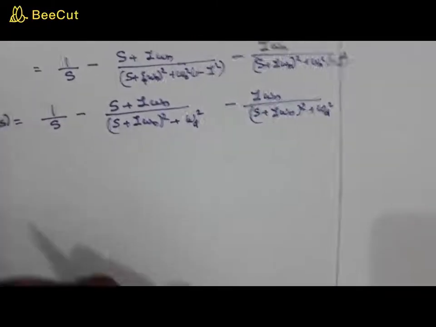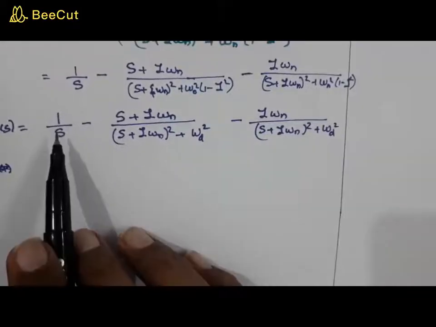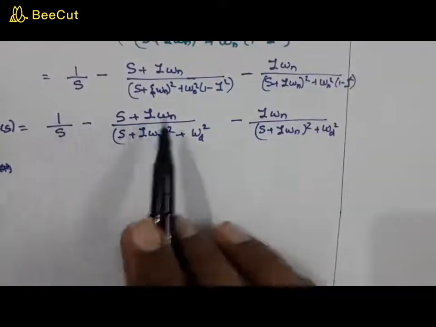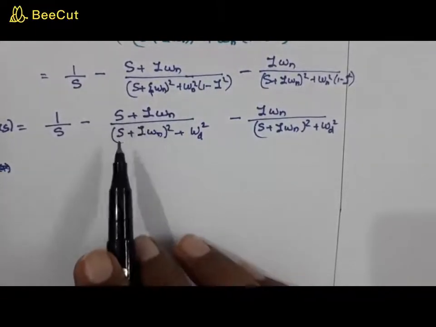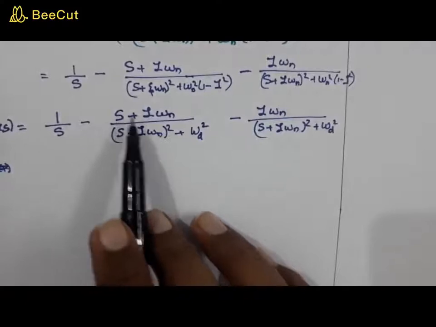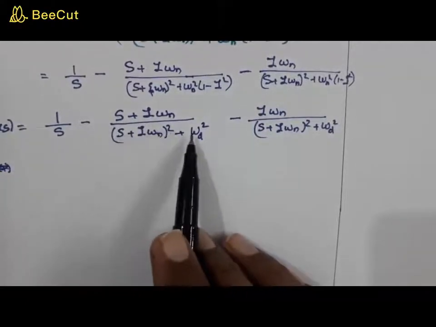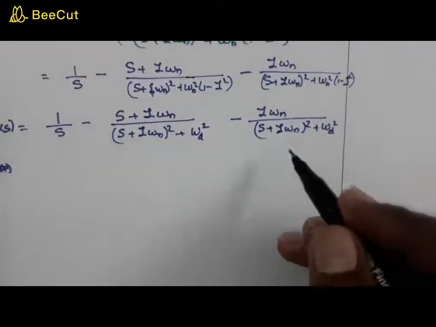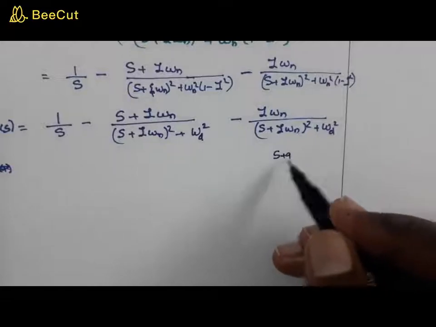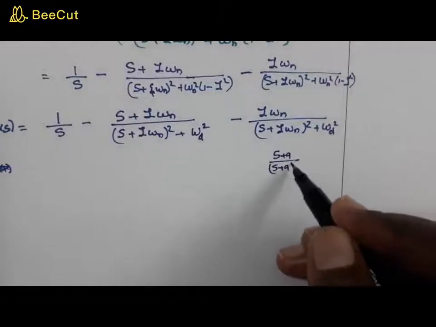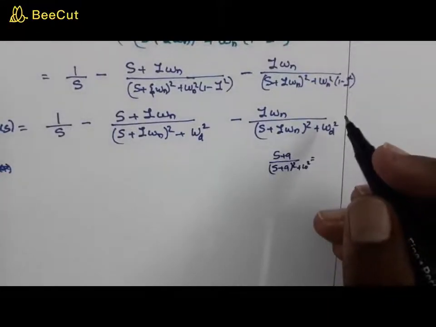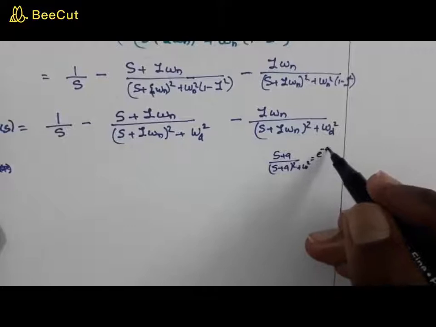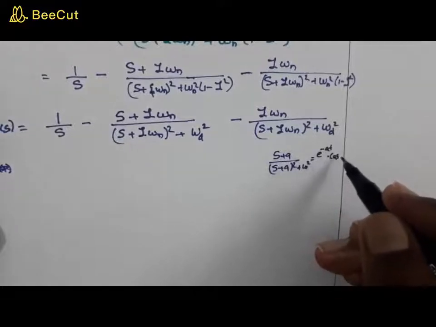Now our next aim is to find out c of t. When you take the inverse of this, this will be 1, and this term also has no problem because it is of the form s plus a by s plus a the whole square plus omega square. You may remember that this is nothing but e raised to minus at into cos omega t.